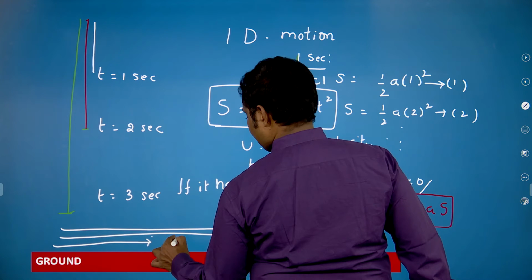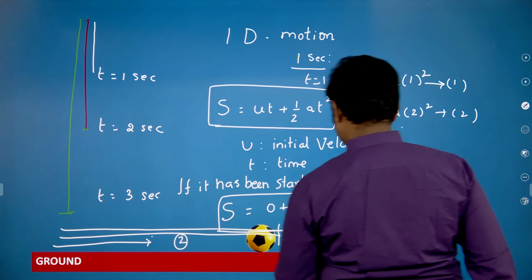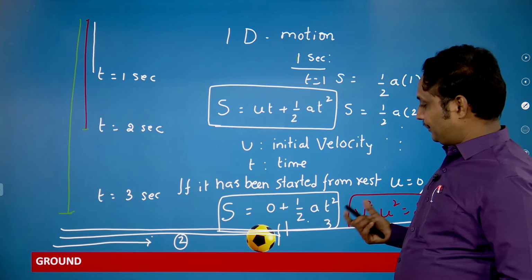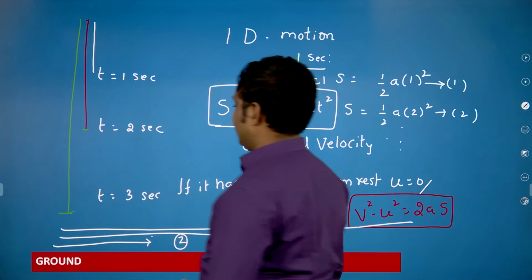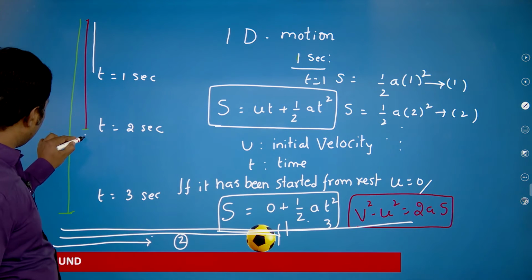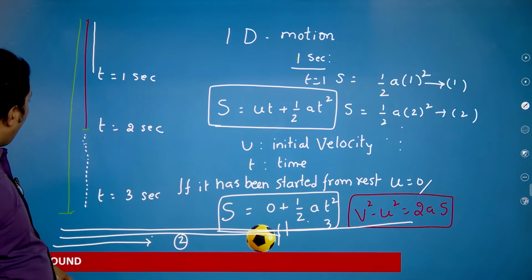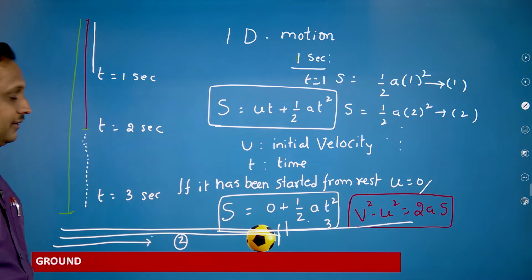You should take t is equal to 2 seconds and t is equal to 3 seconds, and get the subtraction. In the third second, how will you get that?